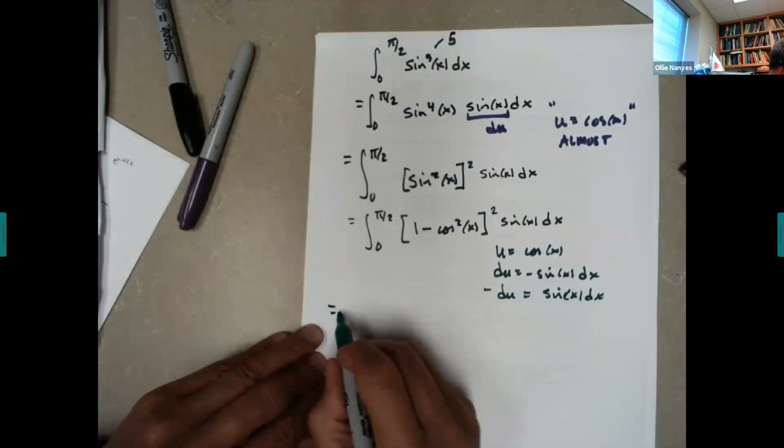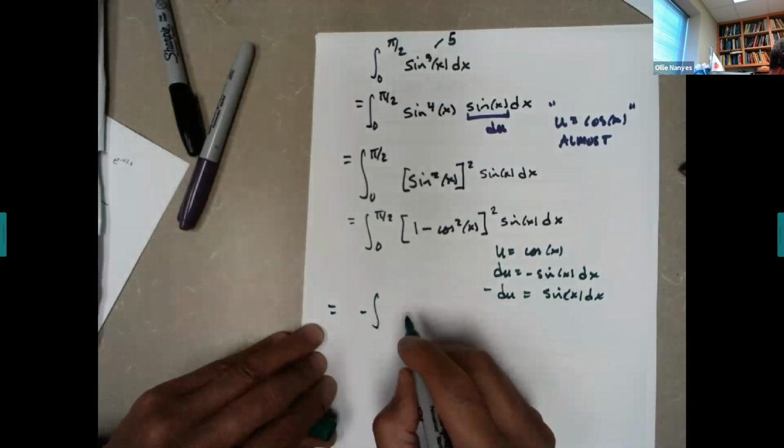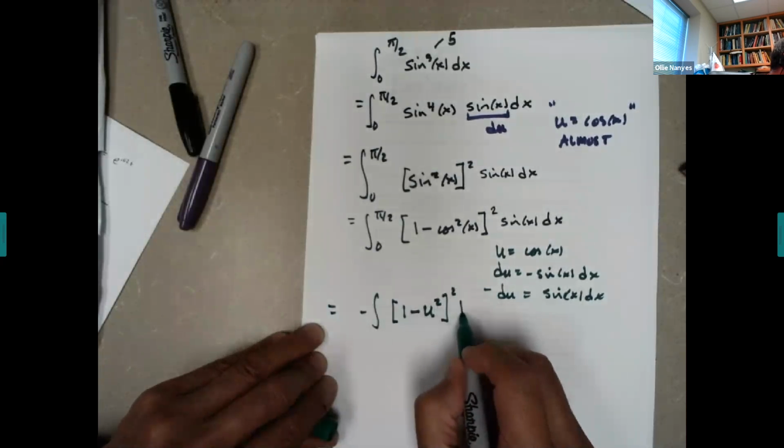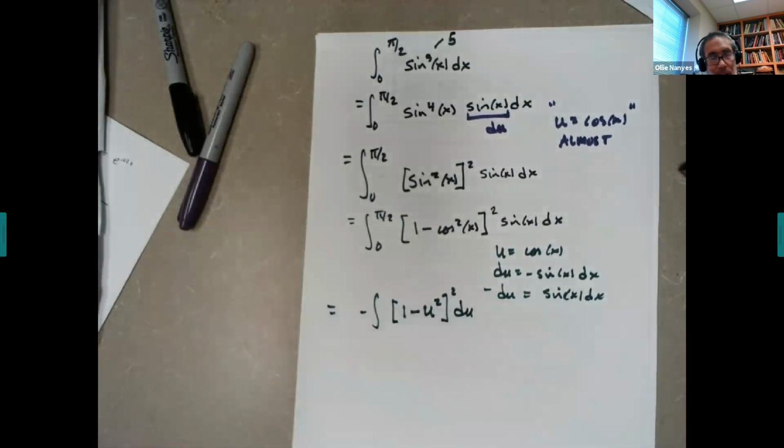So this is transformed. Take the minus sign. 1 minus u squared, squared, du.